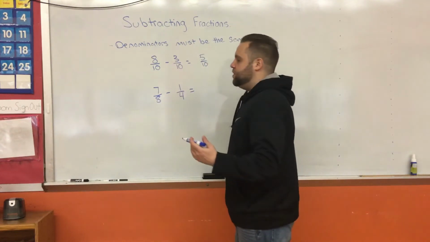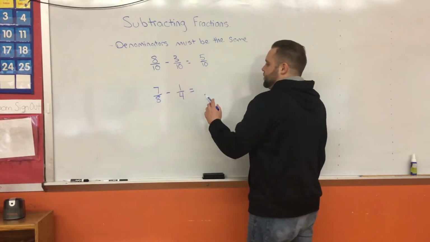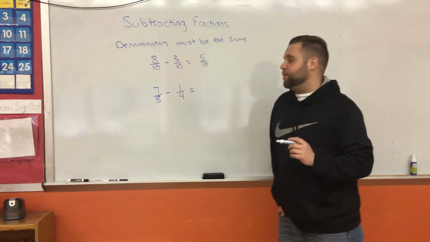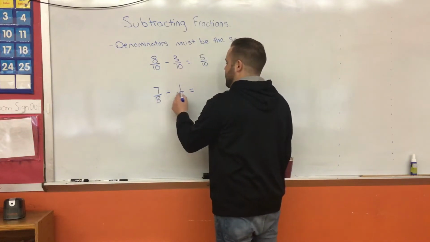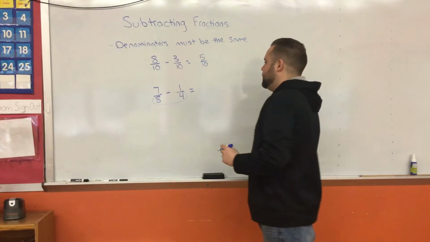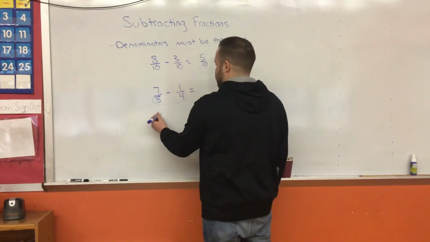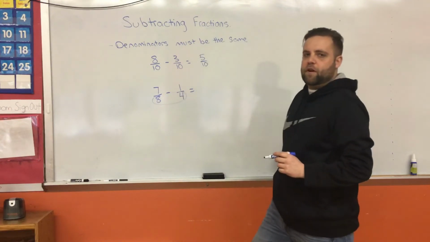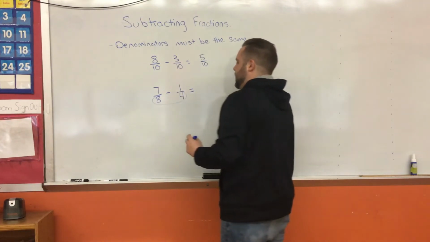So what you should do is ask yourself, do any of these numbers have what we call a good working relationship? And yes, they do, the 8 and the 4, because 8 is a multiple of 4. So I want to make this 1/4 eighths. How can I do that?